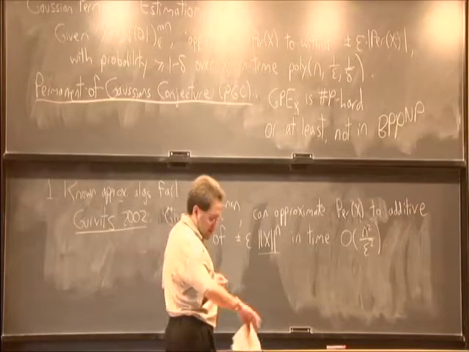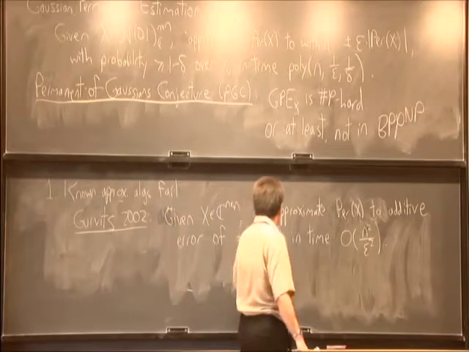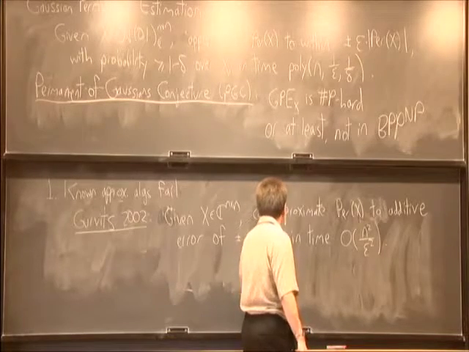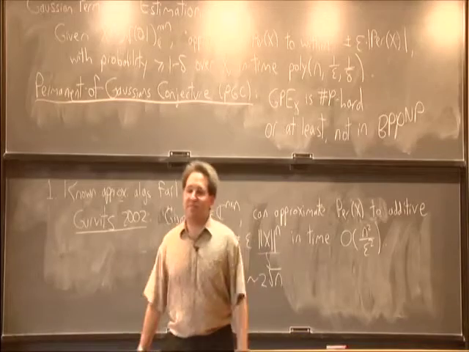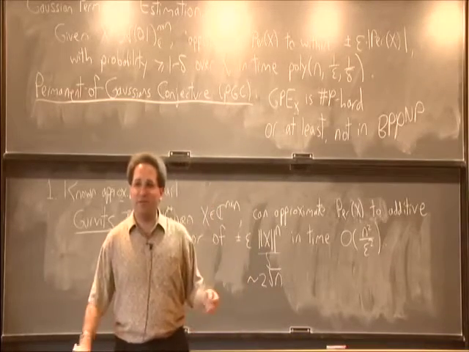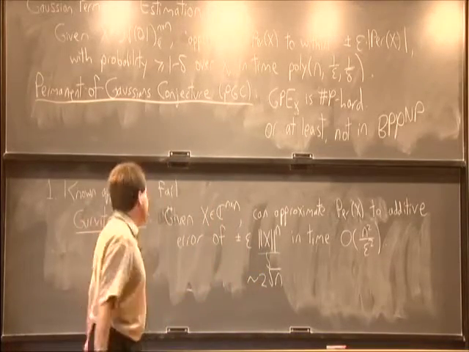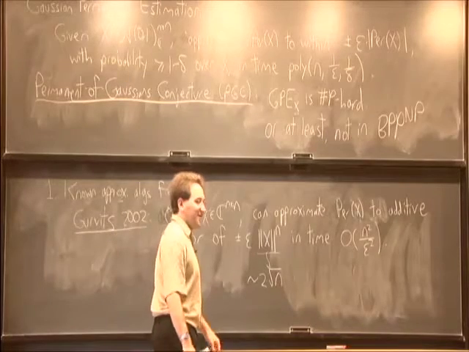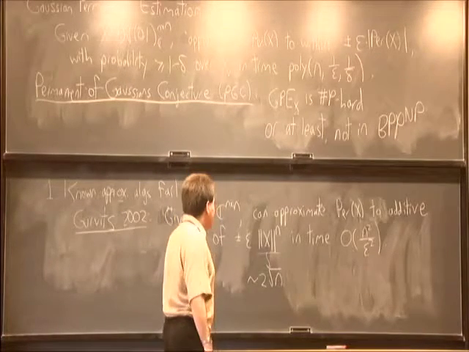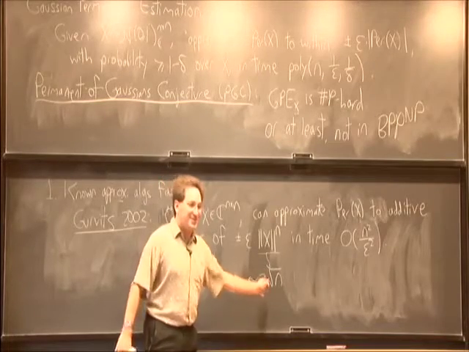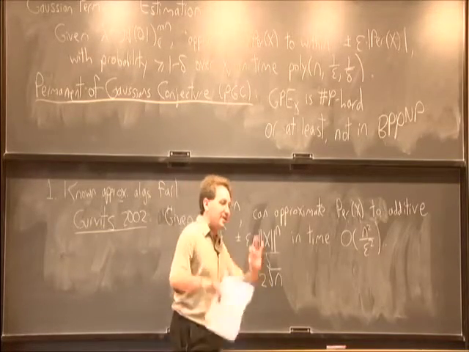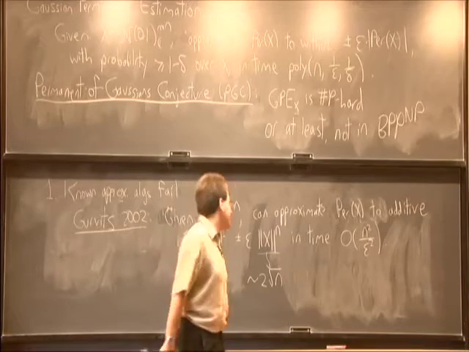If X is a matrix of IID Gaussians, then what is the spectral norm of X? With high probability, it's about 2 times root n. This follows from something called the Tracy-Widom law. Tracy and Widom prove it, and MATLAB verifies that.